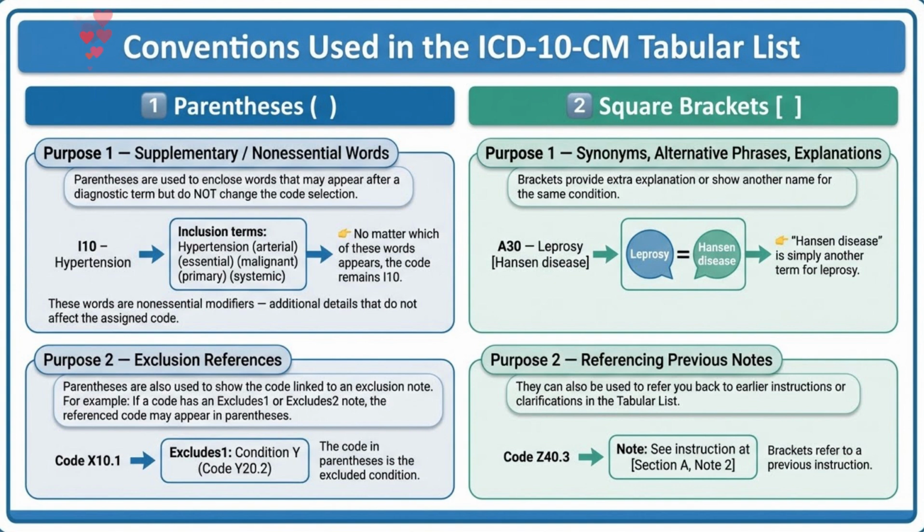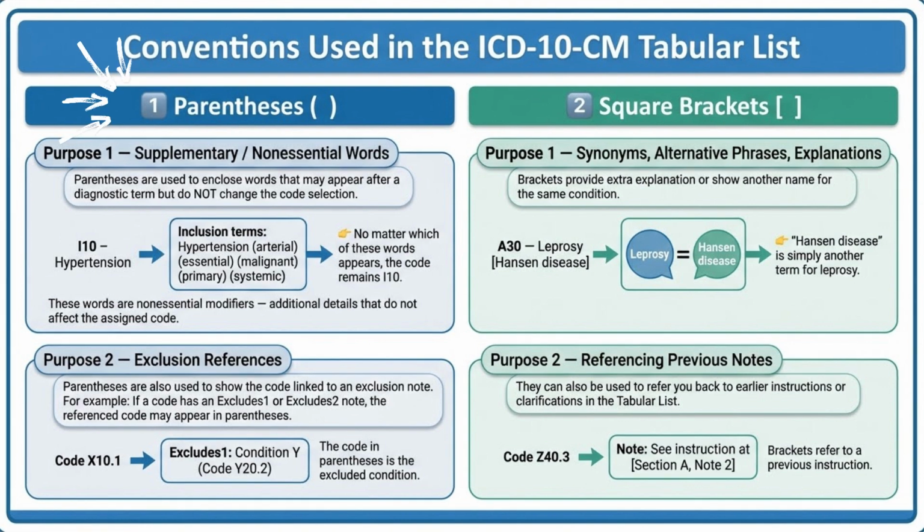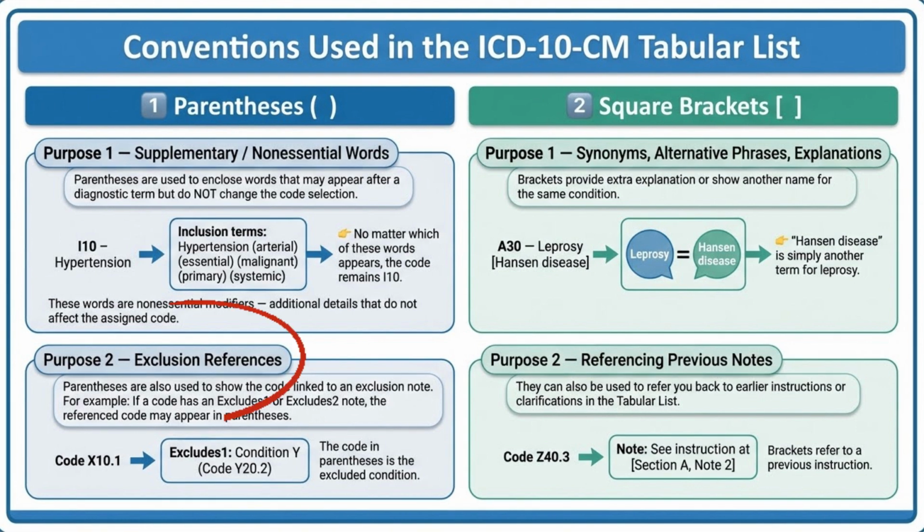Conventions. Let's learn about different conventions used in ICD-10-CM coding. First, parenthesis and square brackets. Parenthesis show non-essential words that don't change the code. Example, hypertension with terms like benign, essential, or malignant still stays I10. They can also show codes linked to Excludes 1 and Excludes 2 notes.